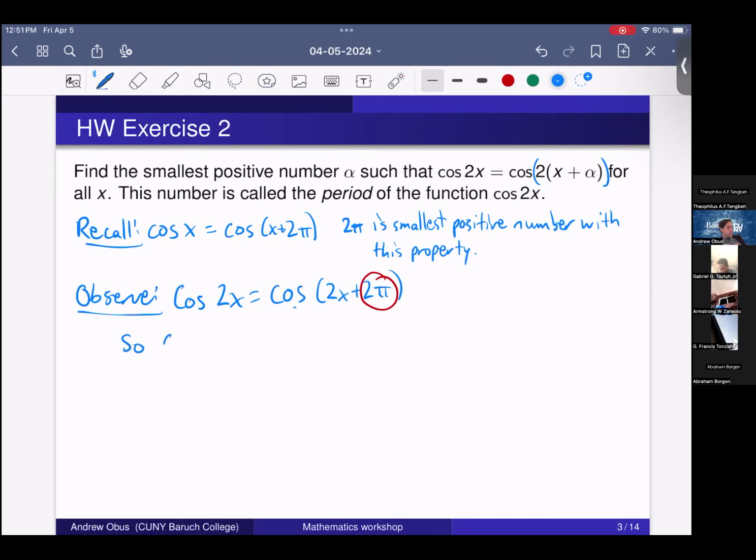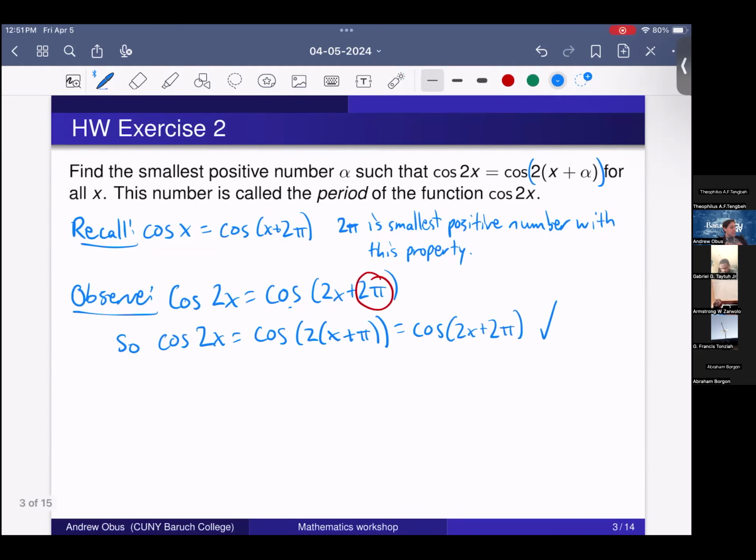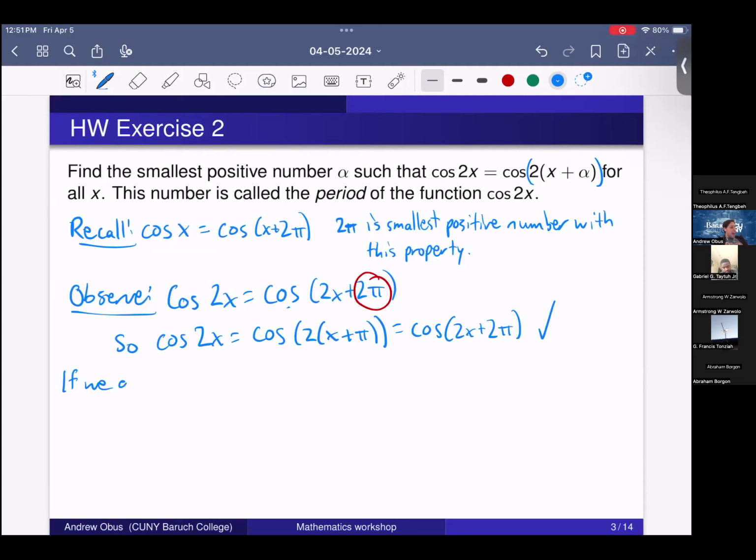So in that case, cosine of 2x is the same thing as cosine of 2 times (x plus pi), because 2 times (x plus pi) is 2x plus 2 pi. Okay? So what this means is if we add pi to x, then this does not change the function cosine of 2x.